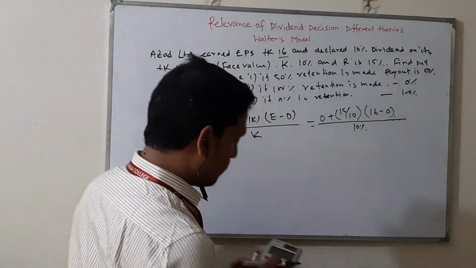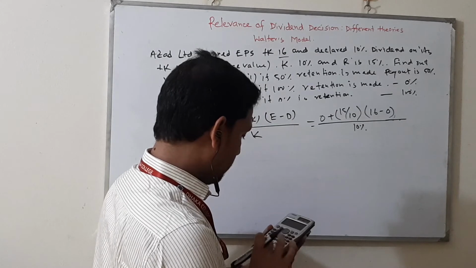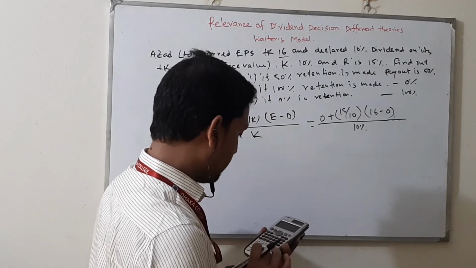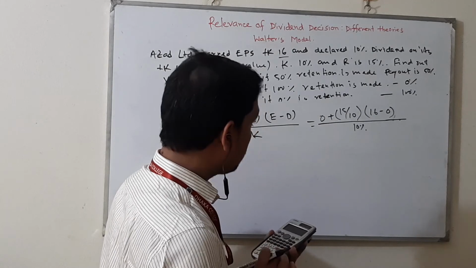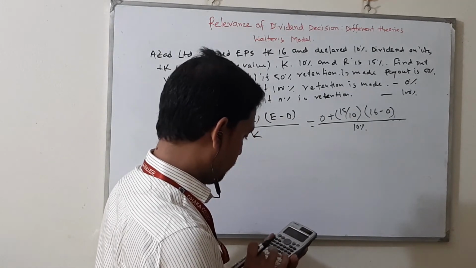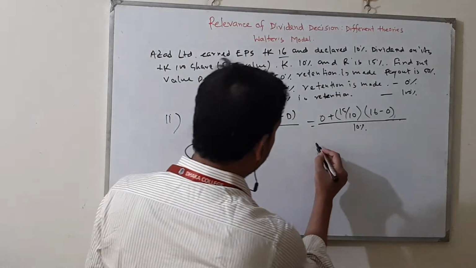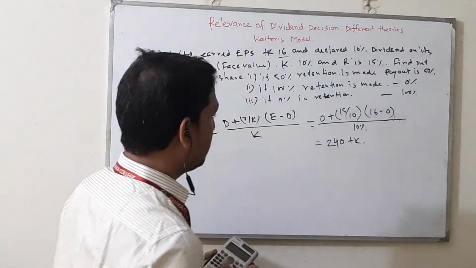Okay, so 15% into 16 divided by 0.1, I mean 240 taka.